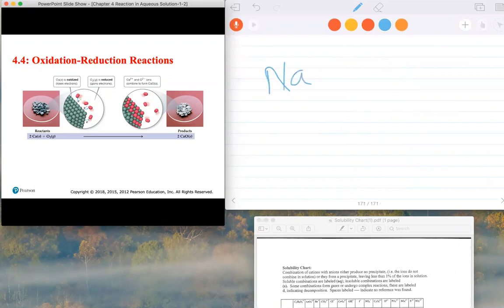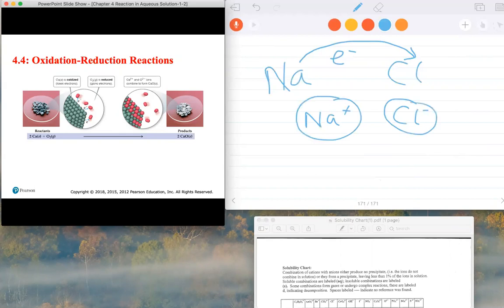If sodium loses one electron to chlorine, the arrow indicates the movement of electron. This will form a cation, and this will form a negatively charged ion. Positive and negative attract, so we end up with this. That's how a redox reaction takes place.